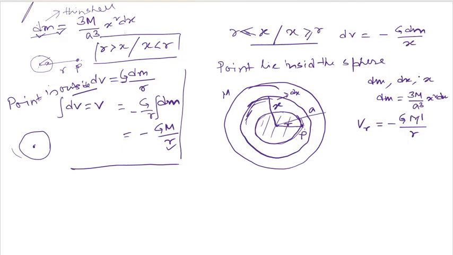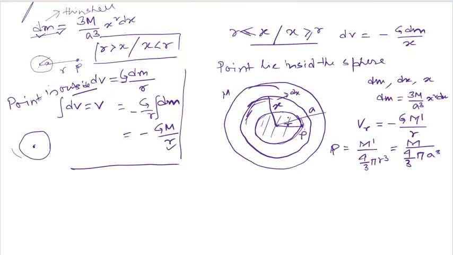We don't know what M dash is, so we can come up with M dash using the same formula, correct? If rho is nothing but M dash divided by 4/3 pi r cube, I can write it as M divided by 4/3 pi a cube.